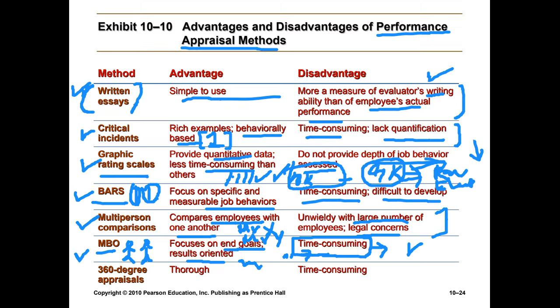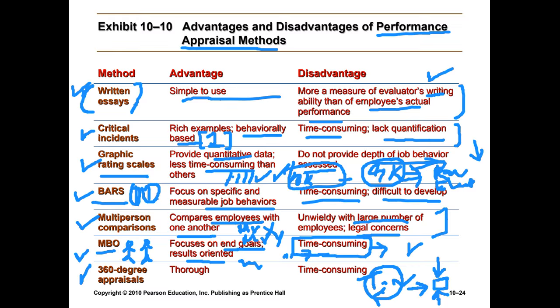Another very effective way is called 360-degree appraisal. We know 360 is the angle 360. In a 360 appraisal, you get an appraisal from the boss of an employee, and his subordinates also give feedback about the employee, and his colleagues too.